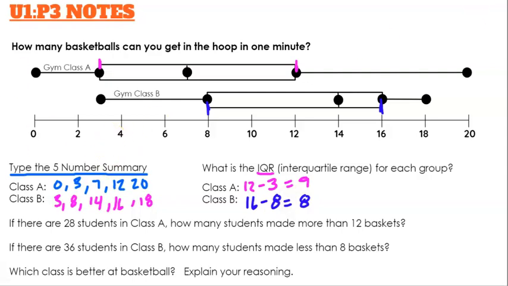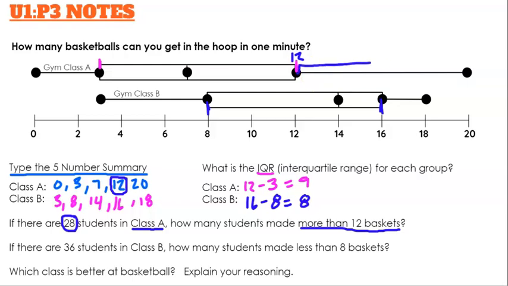All right, so a couple questions to answer now. If there are 28 students in Class A, how many students made more than 12 baskets? So if we're looking at Class A data set, that 12 is the upper quartile. That 12 is right here on our graph.